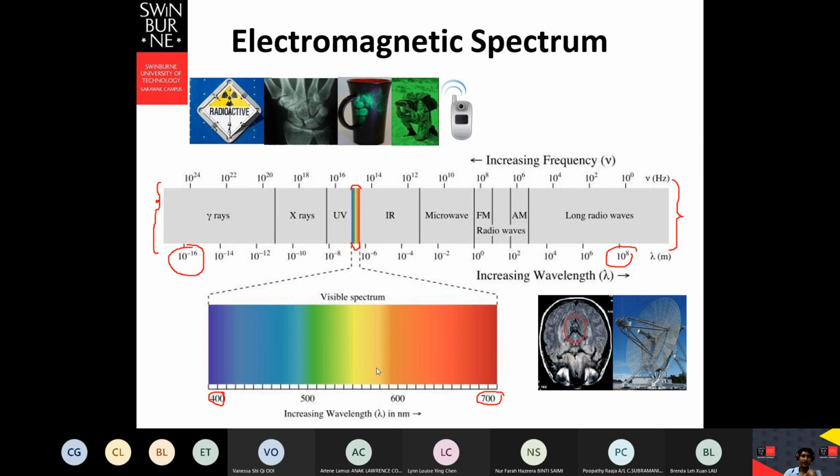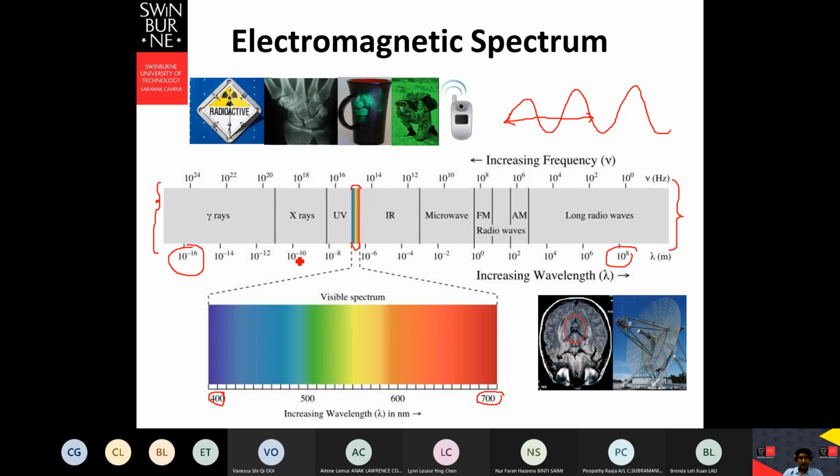We can only see anything when the wavelength of that electromagnetic radiation is in this range. So this is the wavelength, right? From here until here, if it is 400 to 700, only then will we be able to see it.